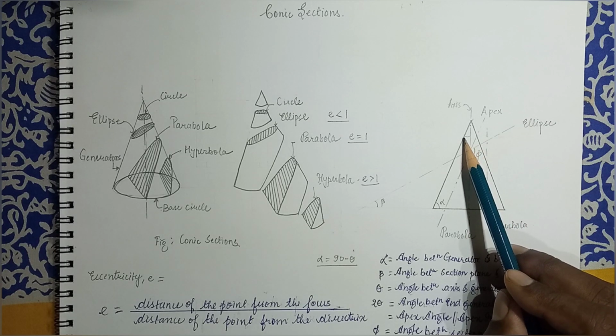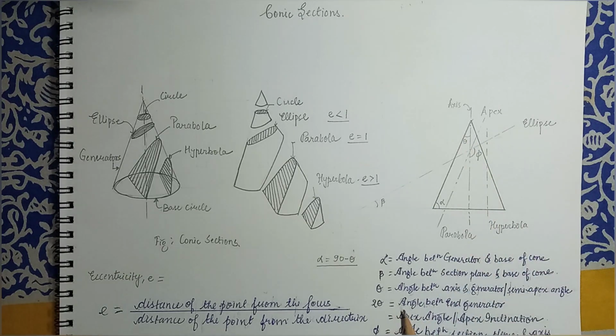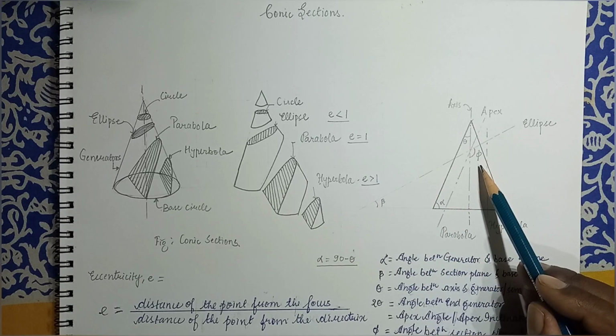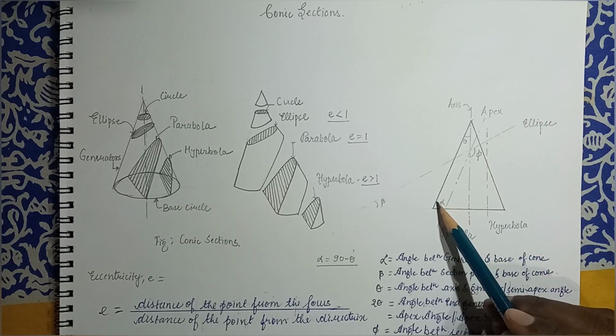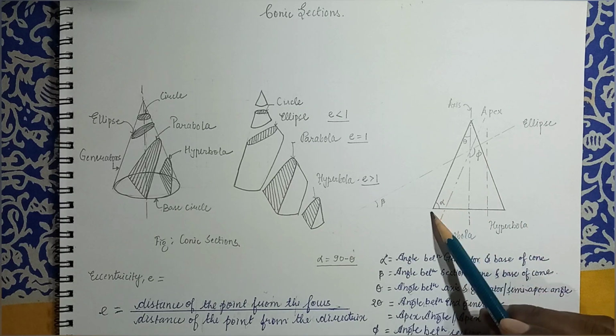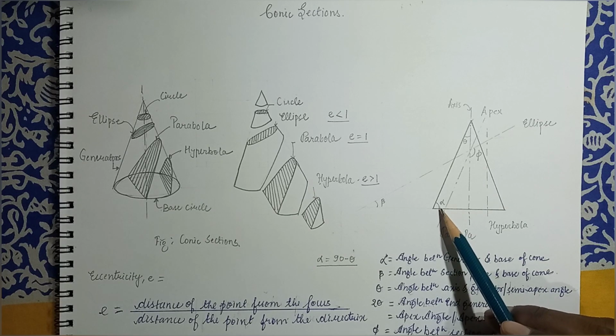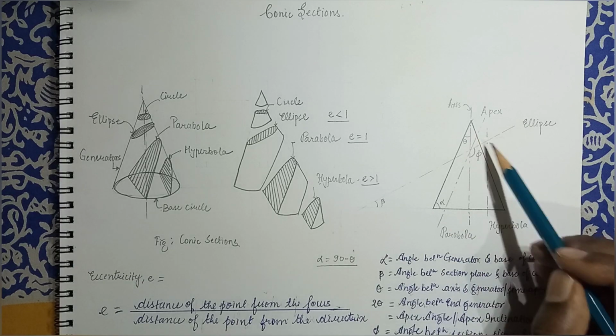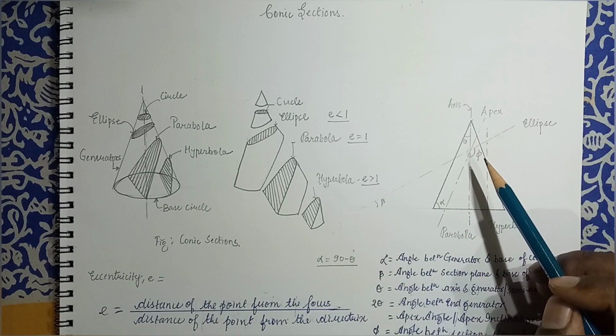Similarly, the angle between the end generators will be twice theta. It is also called the apex angle or apex inclination. Then we have phi. Phi is the angle between the section plane and the axis of the cone. Alpha could also be defined as 90 minus theta, alternate angles, right?